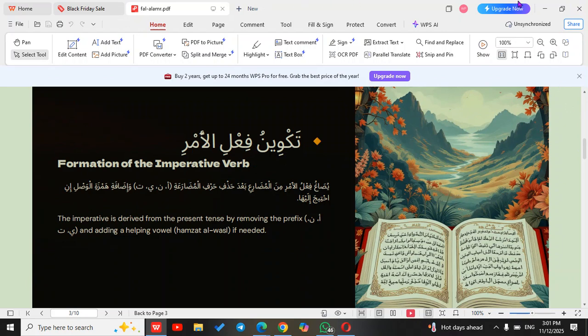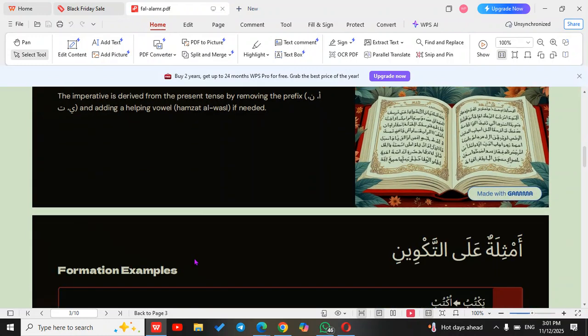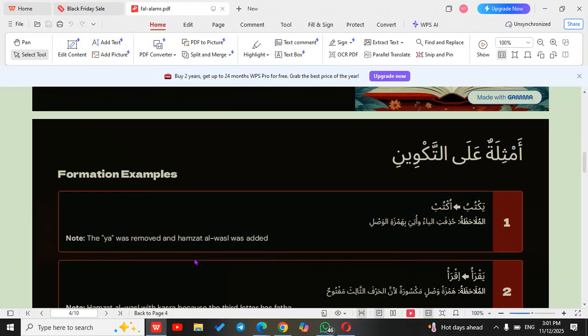It said يصاغ فعل الأمر من المضارع بعد حذف حرف المضارع ألف نون ياء تاء وإضافة همزة الوصل إن احتيج إليها. يعني the imperative verb is derived from the present tense, which is mudari, by removing the previous alif, nun, yaa, taa and adding a helping vowel, which is hamzatul wasli, if needed.